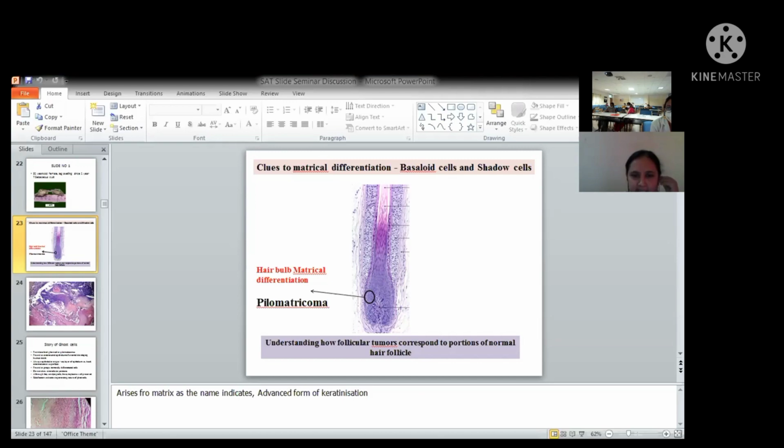They don't have any intercellular junctions, and though they are dying cells, the cytoplasm is well preserved, and calcification within the tumor indicates the degenerating nature of the ghost cells. So there is a transition here from the basaloid to the shadow cells, and this transition is very gradual.